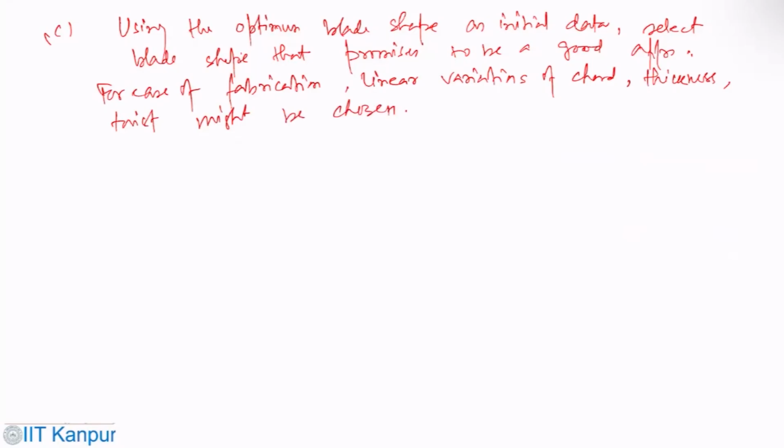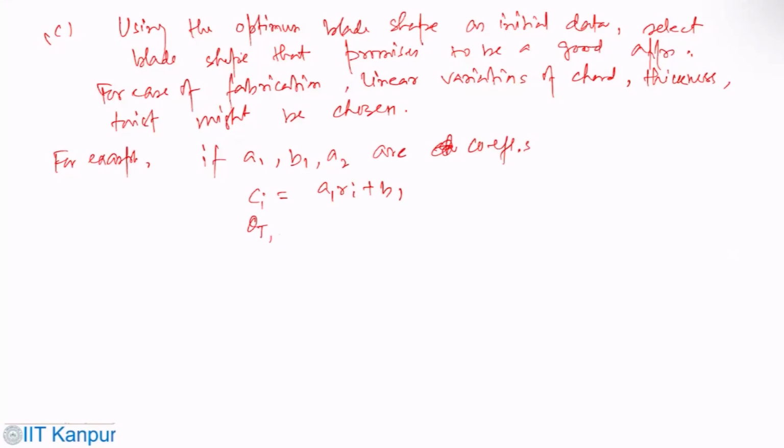are chosen. For example, let's say A1, B1, A2 are coefficients for the chosen chord and twist distribution. Then Ci is A1 Ri plus B1, and theta I is A2 (R minus Ri), this is B1, equations 66, 67.